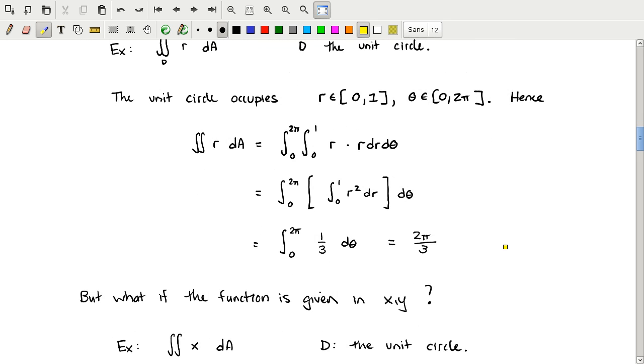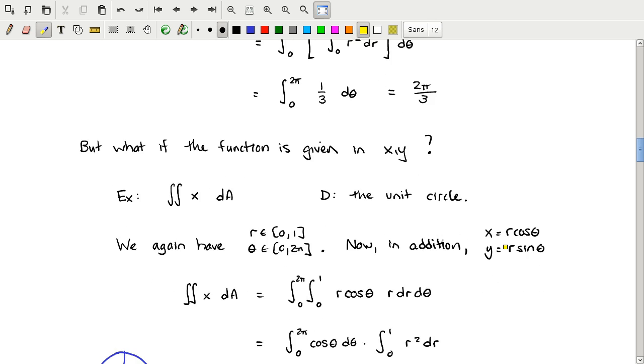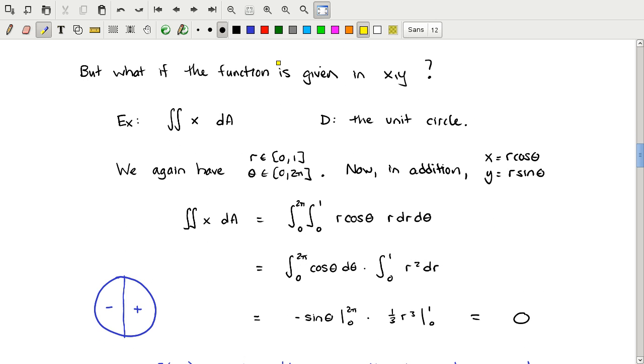What we can do is simply change the integrand from being a function of x and y to being a function of r and theta. And we have the relationships between the Cartesian coordinates and the polar coordinates. X equals r cosine theta and y equals r sine theta. Those are always true in any context. And so we can use them to turn this integrand here into an integrand involving r and theta.